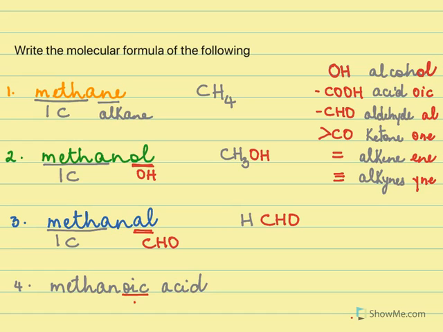Oic means acid. Acid is COOH, and this is a one carbon acid. The carbon is already taken up, so you have one carbon acid, methanoic acid.